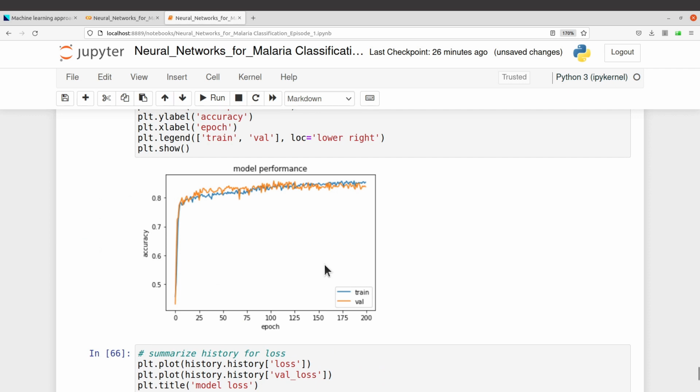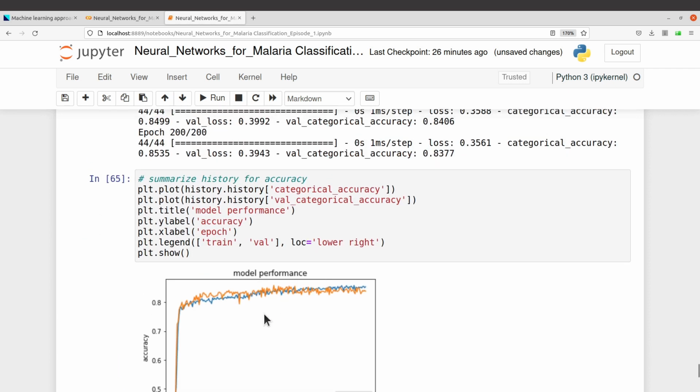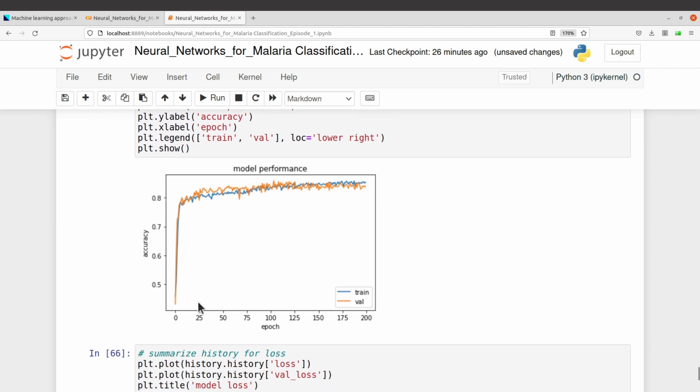So let me just explain some few things here. If you look at the accuracy, we see that the model improved. Okay, it was improving over time. So here we have the first epoch, and then as it moved along, the model was improving.